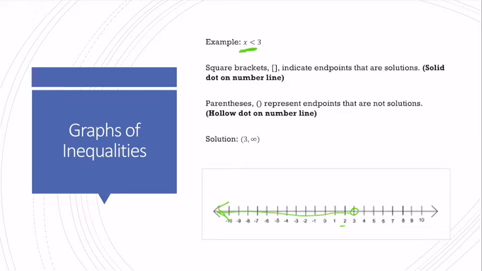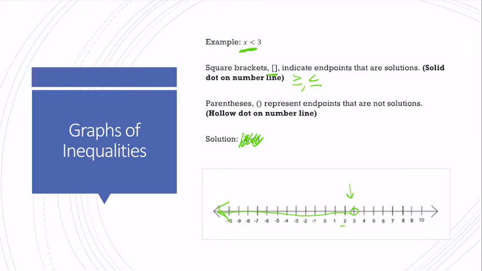So now I can write this in interval notation. Interval notation is when I write this in between parentheses and brackets. Square brackets are used to indicate that endpoints are solutions. Brackets are used with greater than or equal to or less than or equal to.